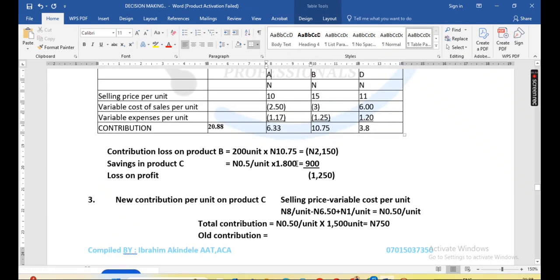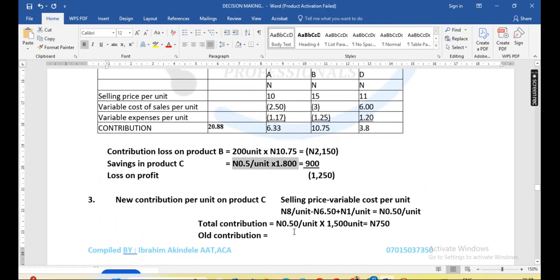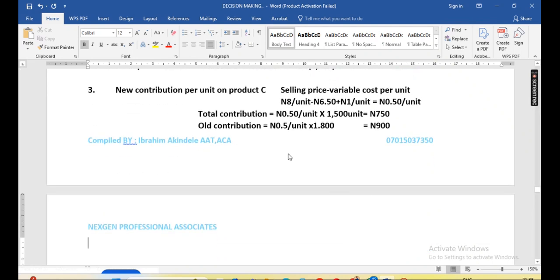Can you see it here? I can copy this, then paste. So it is based on 1,800. Class, what do you have here? 900. So what is the addition of the two?